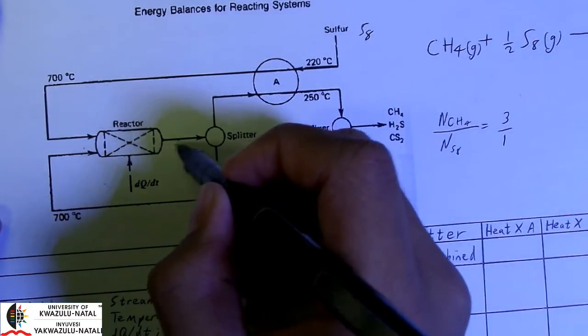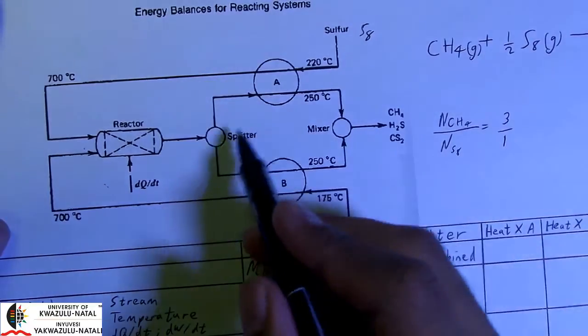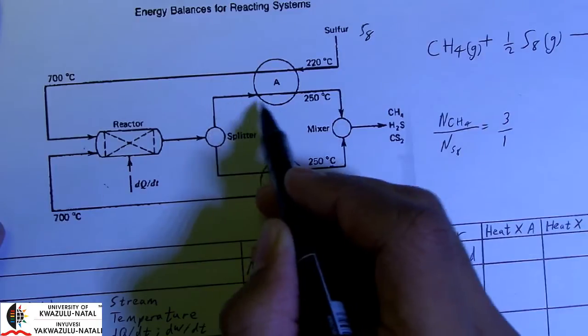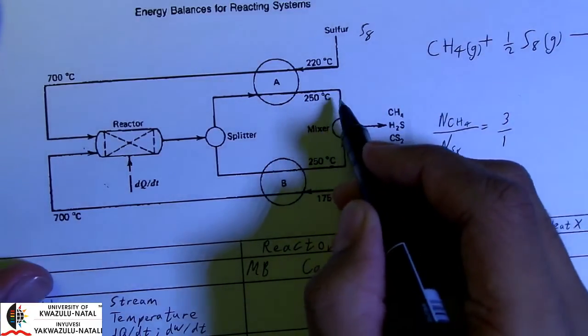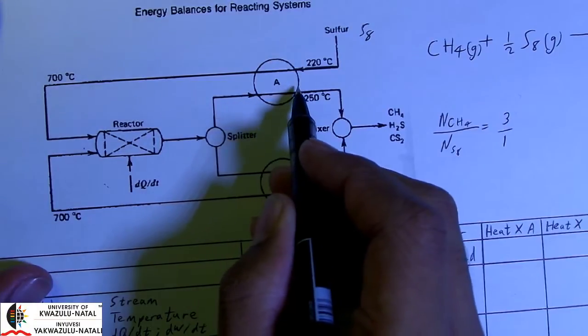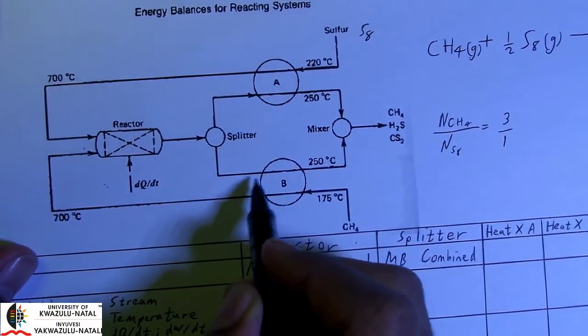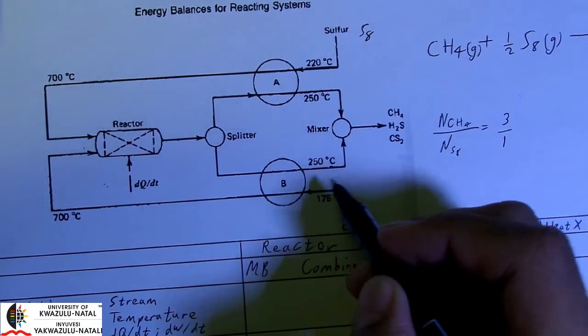Okay, the products from this reactor are split. And the products are, of course, cooled down, presumably, to 250 degrees. Okay, and it's cooled down by heat exchanger A, and the products split over here as well are also cooled down to the identical temperature, 250 degrees.